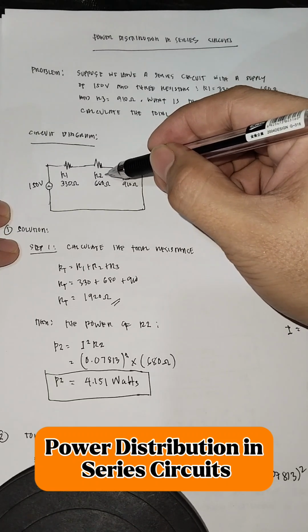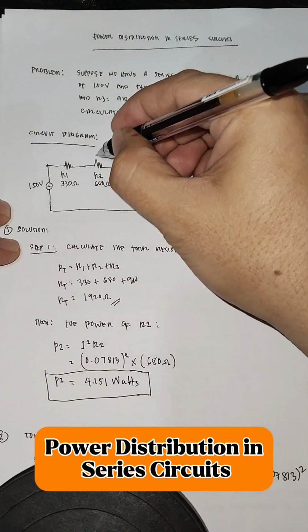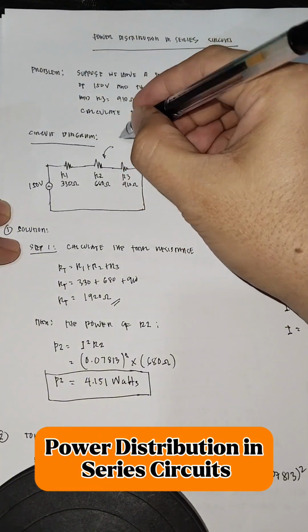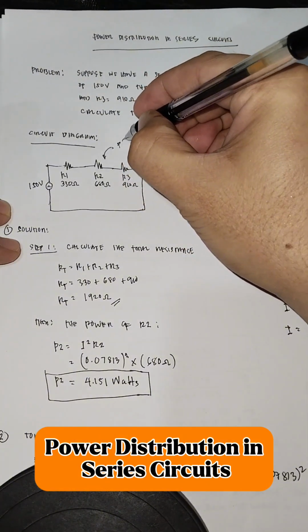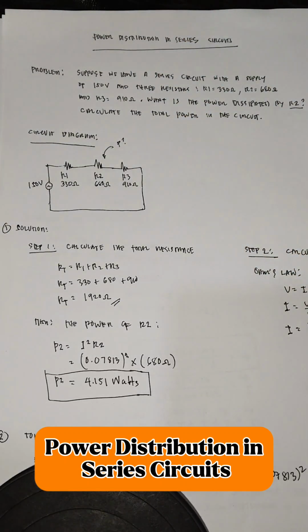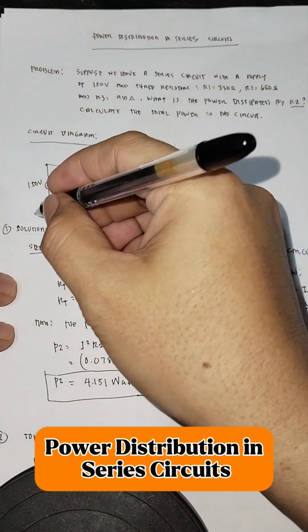So, what is the power for the R2 resistor? So, the solution.